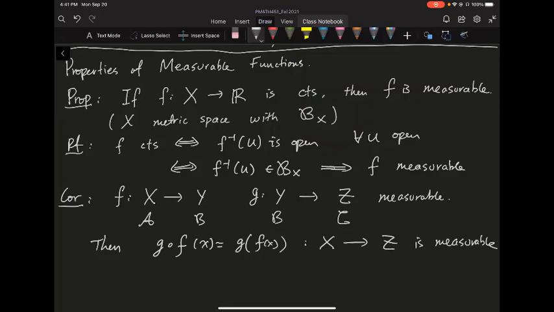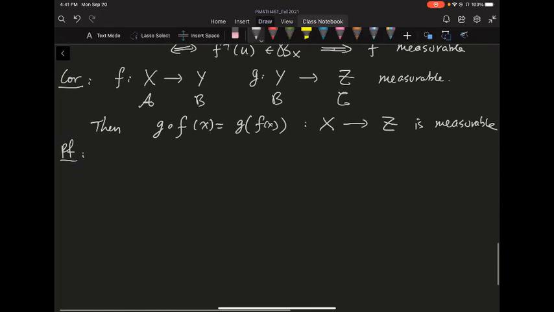The proof is also basically one line. You take any E inside the sigma algebra C and you consider its pre-image under this composition.